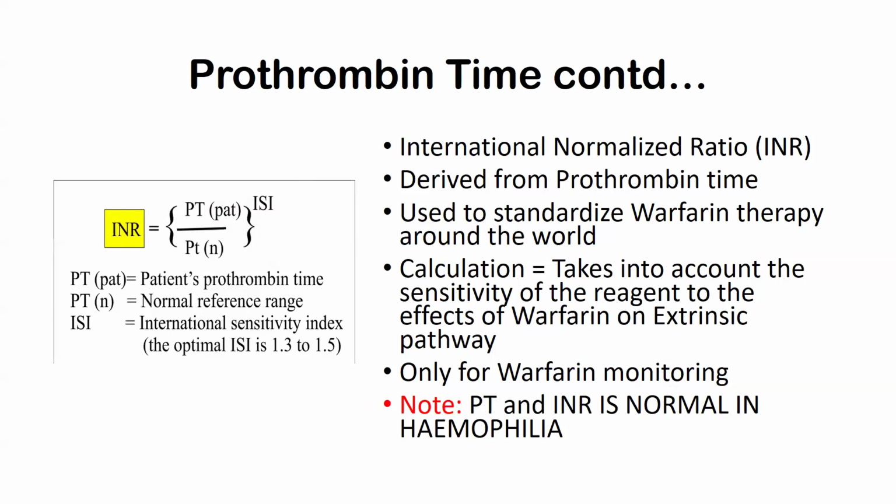On your left, you see the INR: the PT of the patient divided by the PT of the normal range, raised to the power of the ISI, the International Sensitivity Index. This we usually get from the kit insert of that reagent. How sensitive is our reagent? That's what we use to calculate the INR. Next.